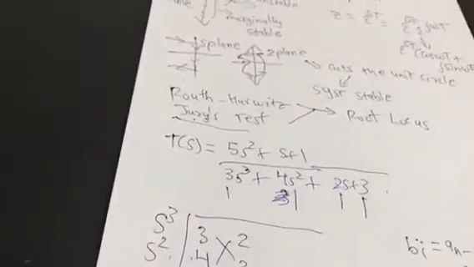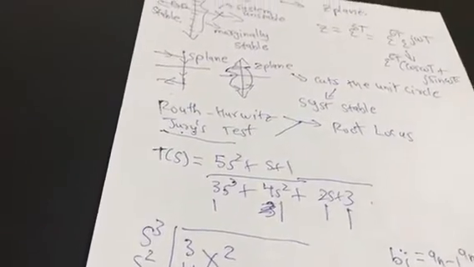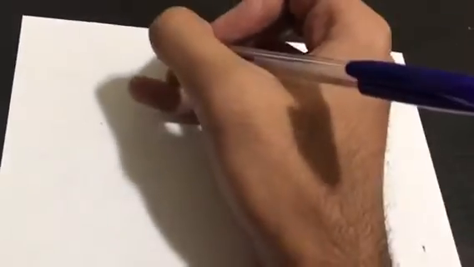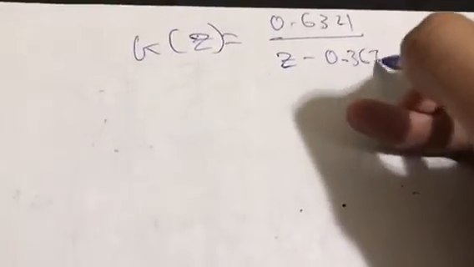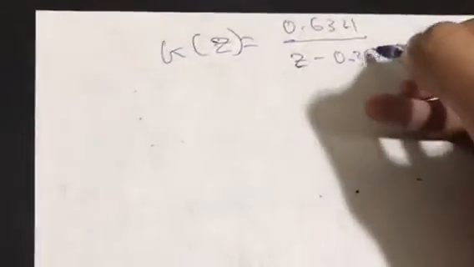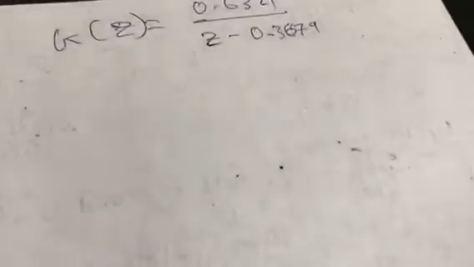Now if we take another example in the z-plane, like we take g of z is equal to 0.6321 upon z minus 0.3679. Alright, now first what we have to do is find the characteristic equation.